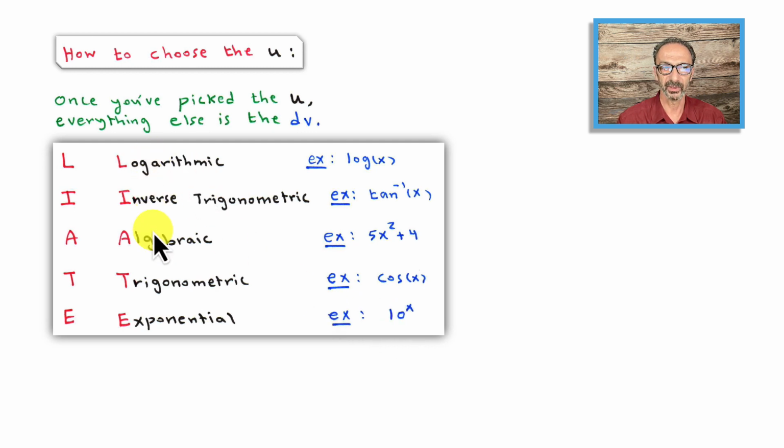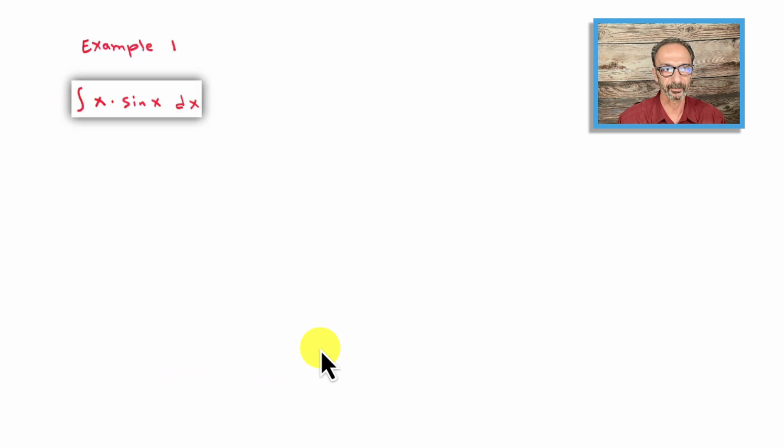So we go in order, and we pick u as it refers to the word LIATE, like layette. Doesn't work 100%, but most of the time that's how it works. Let's go for example number 1 and see how we could apply this.